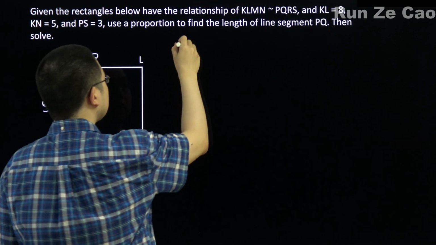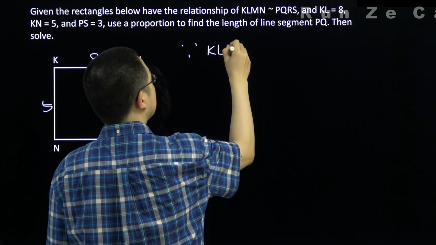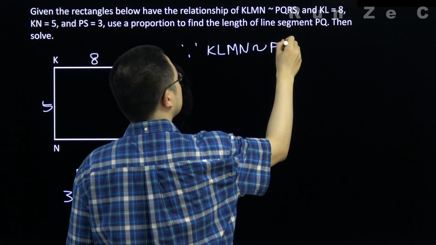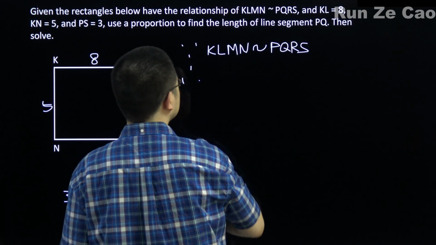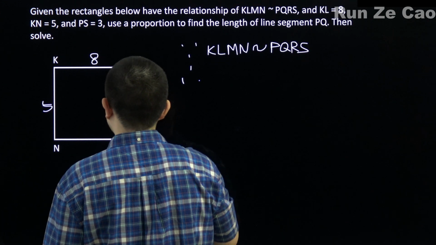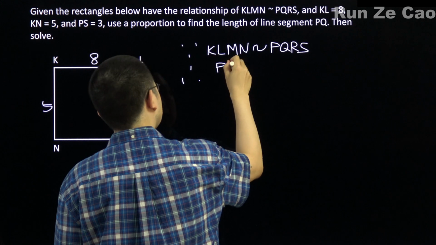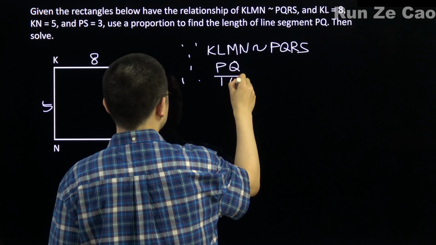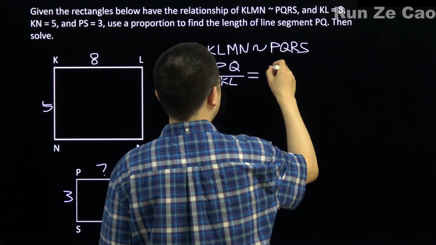Well, because KLMN is similar to PQRS, therefore you could go KL over PQ, or just, look, it's going to make the rearrangements easier, PQ over KL is equal to PS over KN.